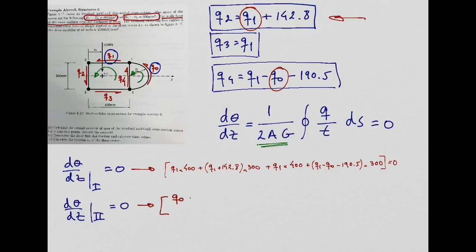So I can do it this way for this one: Q0 times the length of this wall. So how much is the length of this wall? What do you think? Times pi, times what? 150, which is the radius, isn't it? Yeah?